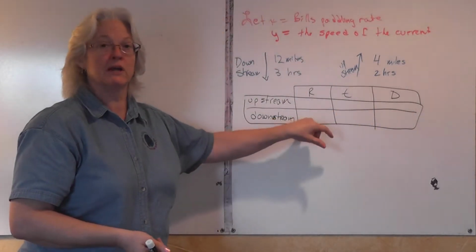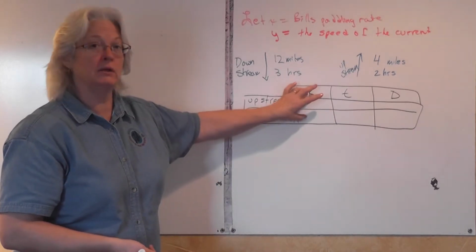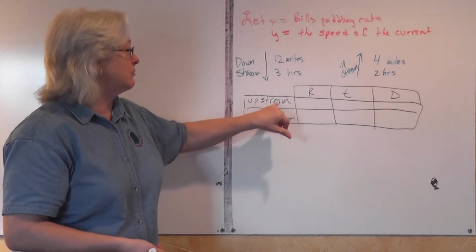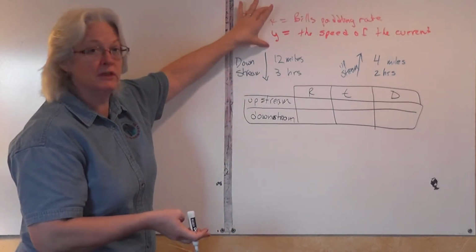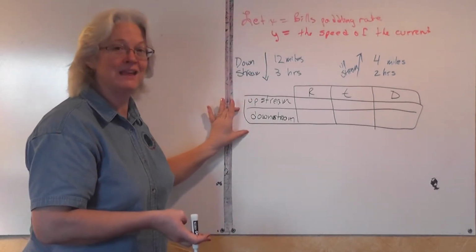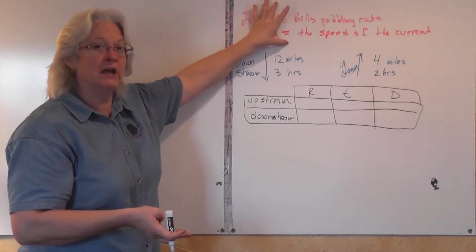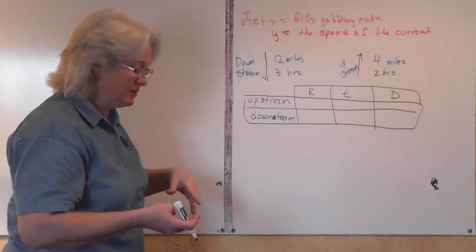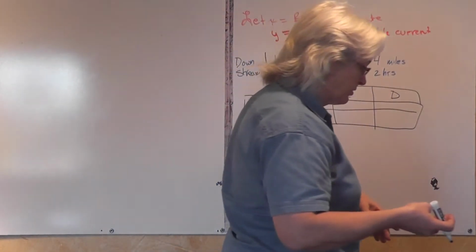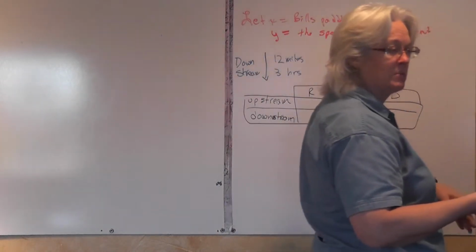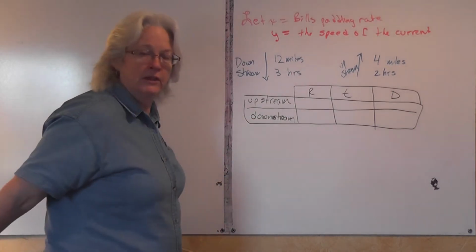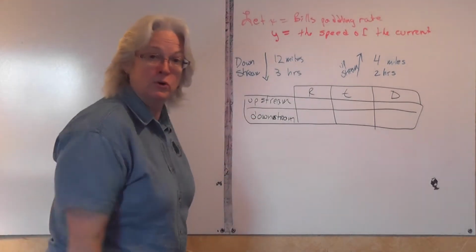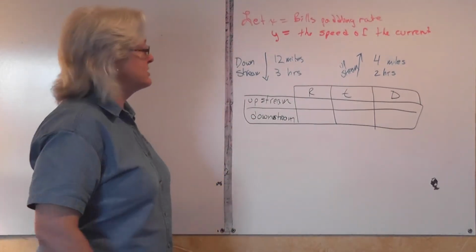Now you can't just put an x and y in here for the rate, can you? Because our rate of travel going upstream is a combination of these two rates. Our rate downstream is a combination of these two rates. And remember, I did the travel forward 3 steps, but the current pushes you back 1 step. And then the current pushes you forward when the current's at your back.